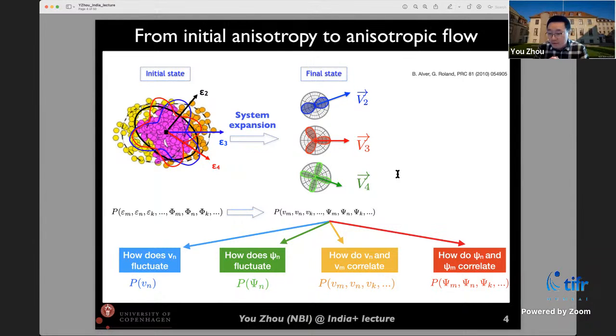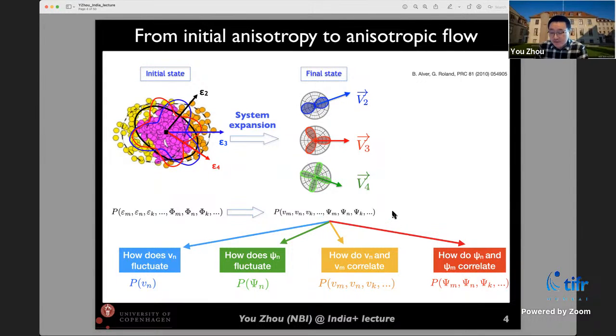We have not only the eccentricity, but also higher order anisotropy coefficients, such as epsilon 3, epsilon 4. This initial state anisotropy is converted into the final state anisotropic flow, quantified by the flow coefficients: v2 for elliptic flow, v3 for triangular flow, etc.